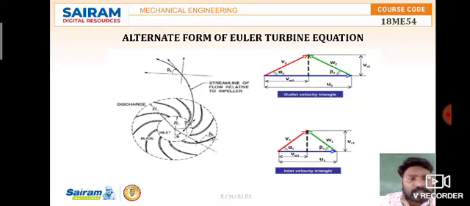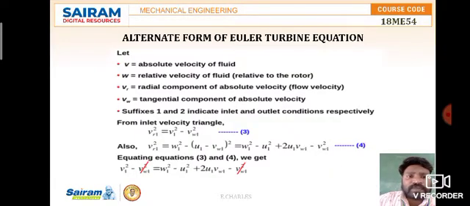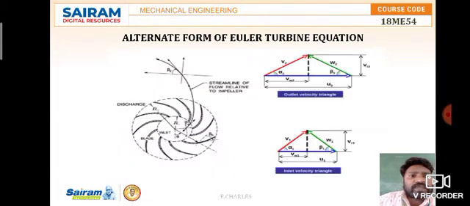According to the Pythagoras theorem, AC square is equal to AB square plus BC square, so that is the formula. From this triangle, Vr1 square is equal to V1 square minus Vw1 square. This is equation number 3. Also, Vr1 square is equal to W1 square minus (u1 minus Vw1) square.